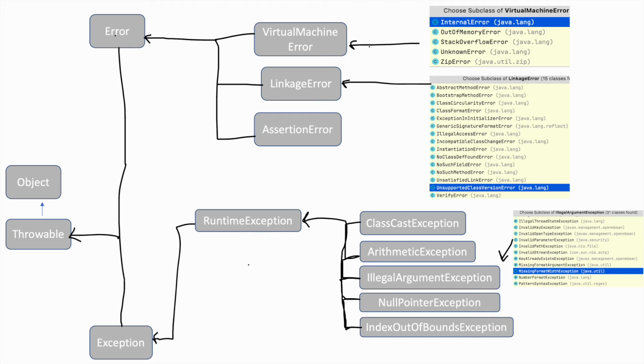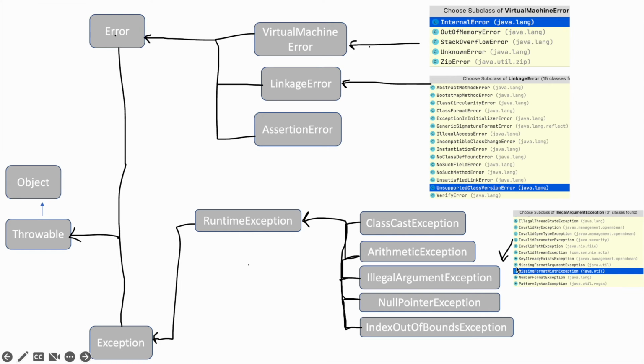Those are IllegalThreadStateException, InvalidOpenTypeException, InvalidParameterException, InvalidPathException, InvalidStreamException, KeyAlreadyExistsException, MissingFormatWidthException, NumberFormatException. These are all the subclasses of IllegalArgumentException. NumberFormatException is the commonly known IllegalArgumentException.